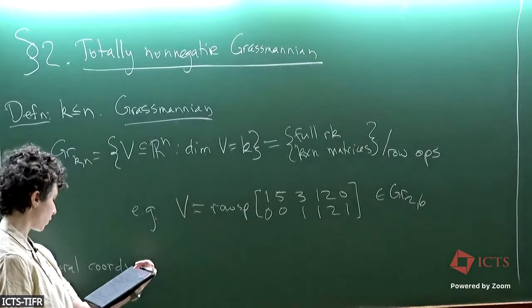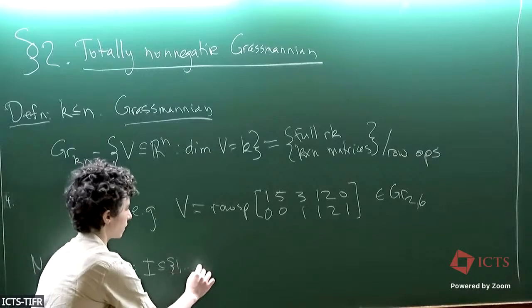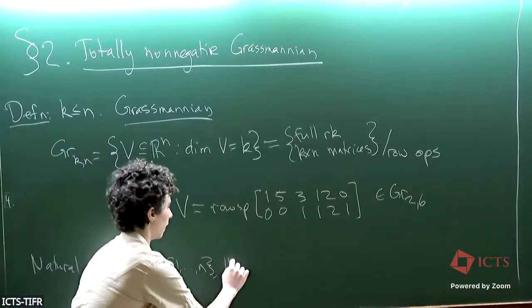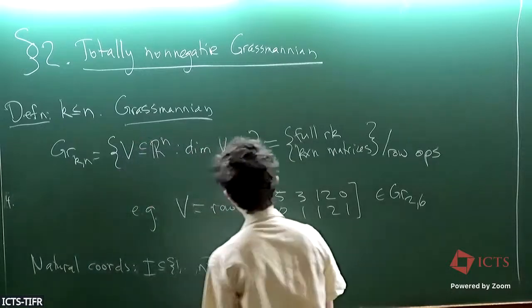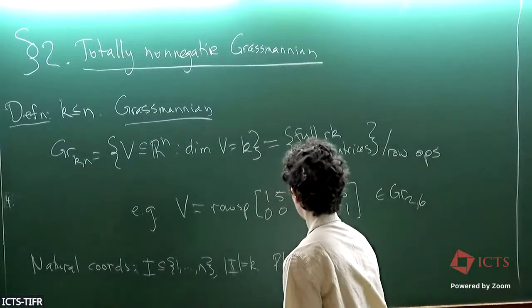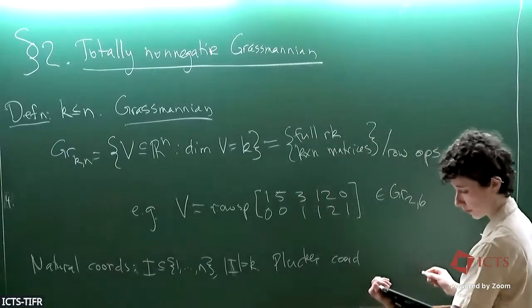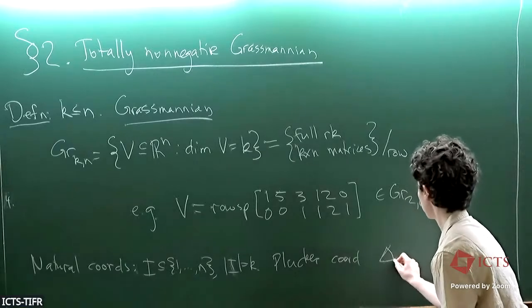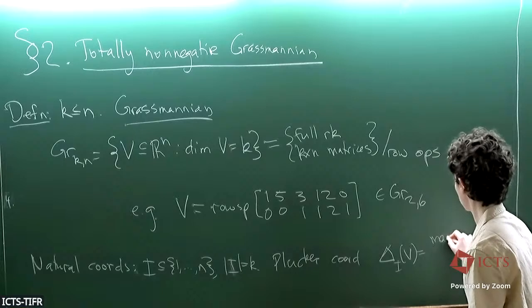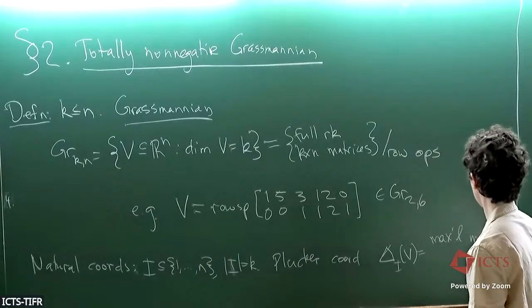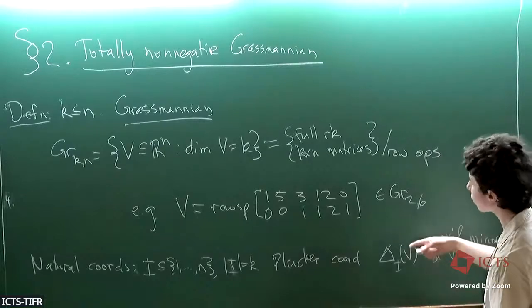So to describe one, I need to pick some subset of the columns, so some subset of 1 through n, and it should have size k. Okay, and the Plücker coordinate I'm going to denote by delta I of v. This is just the maximal minor of this matrix located in column set I.